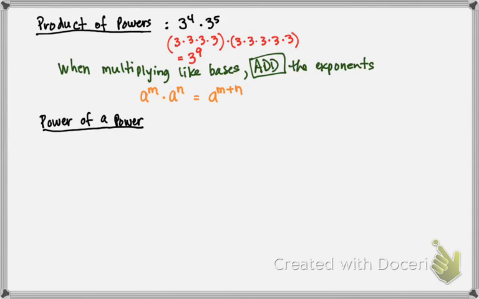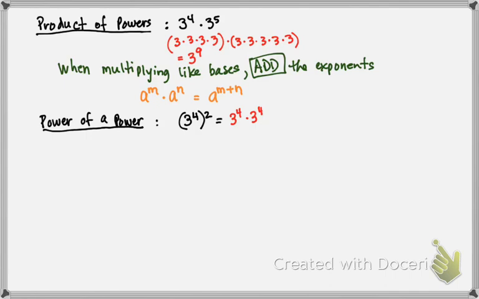Thank you. So the power of a power is when I take something like this, where I take 3 to the 4th power, but now I want to raise it to a power. So let's kind of logic it out like we did the last one. If I have 3 to the 4th power, and I want to square that, that means I'm going to take 3 to the 4th power, and I'm going to multiply it by itself twice.